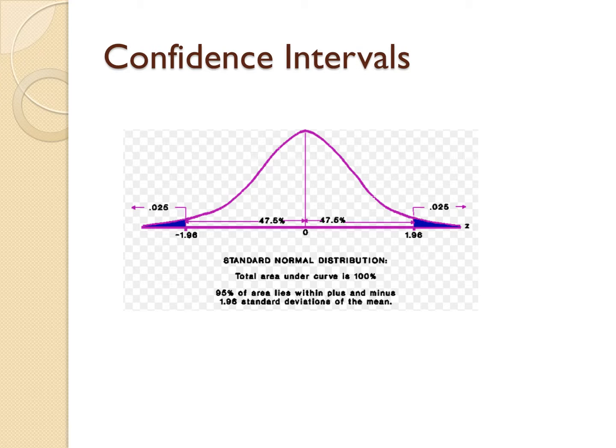A 95% confidence interval means if we obtain many samples of size n from a population whose mean is unknown, then approximately 95% of the intervals would contain mu. The same interpretation could be used for a 90% confidence interval, or an 85% confidence interval, etc.